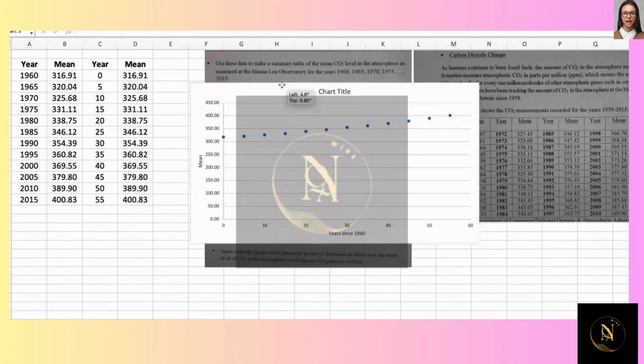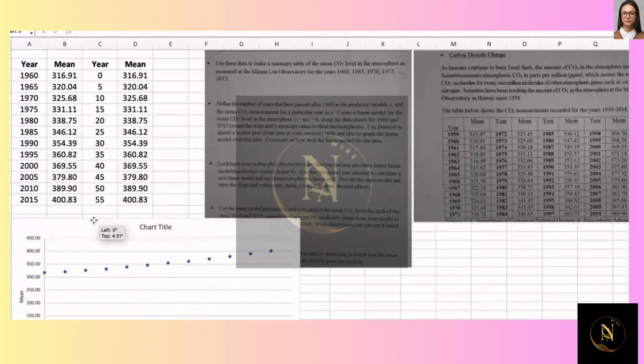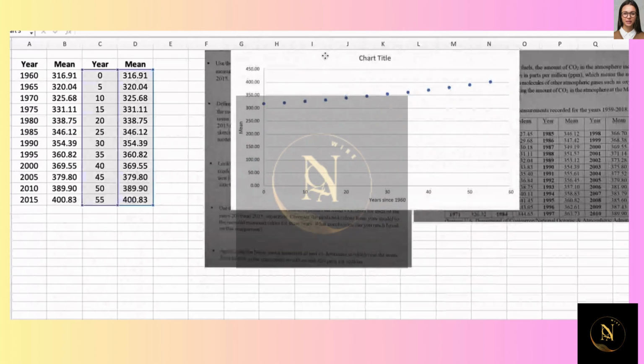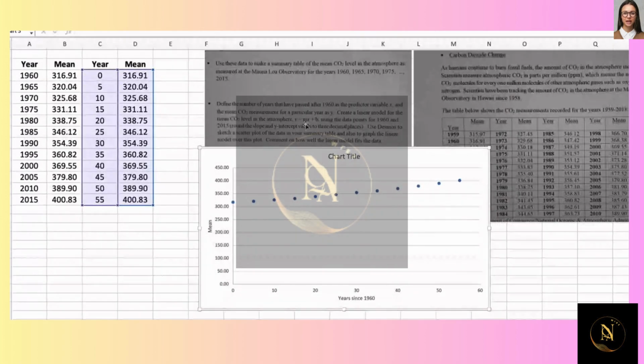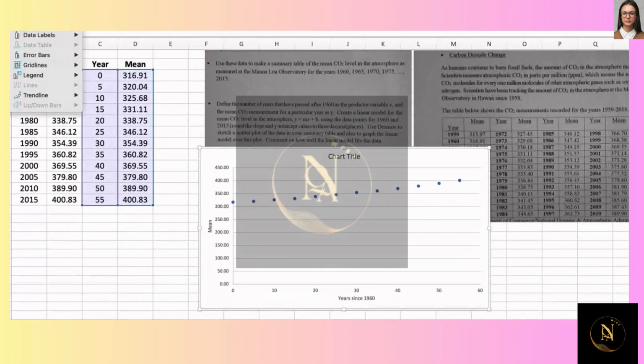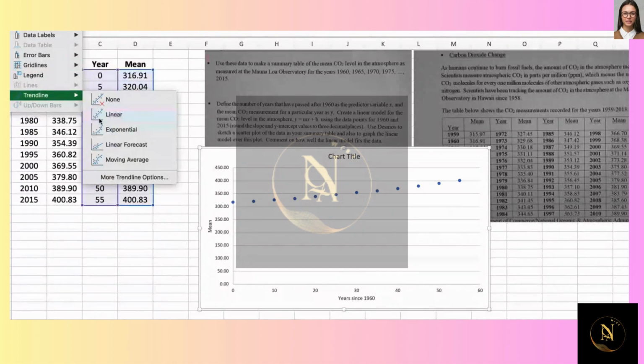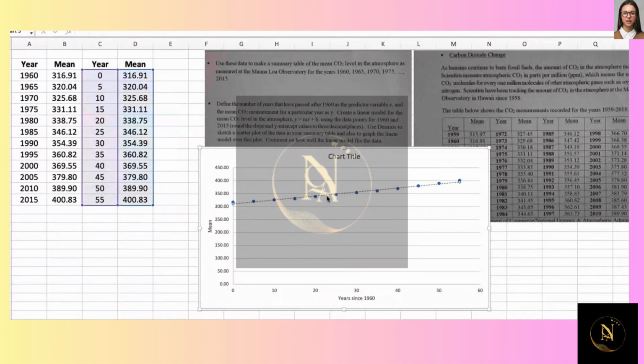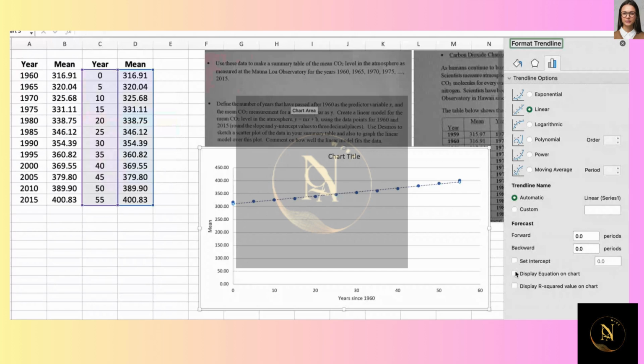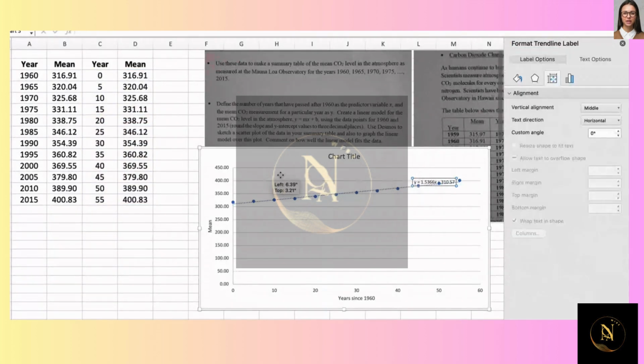Next, it wants me to find an equation, so I'm going to insert a trend line. Here's my trend line, y equals mx plus b, and round the slope and the y-intercept to 3 decimal places.